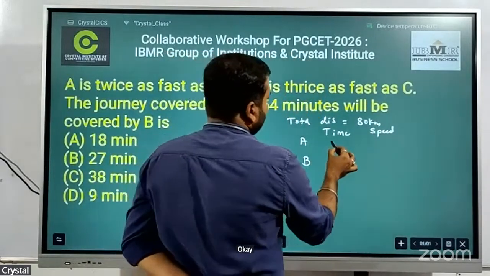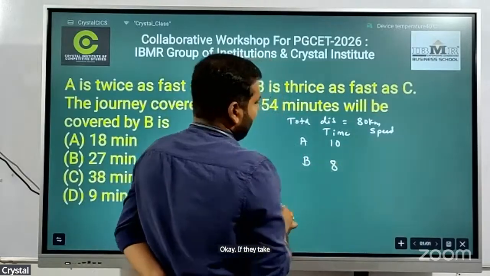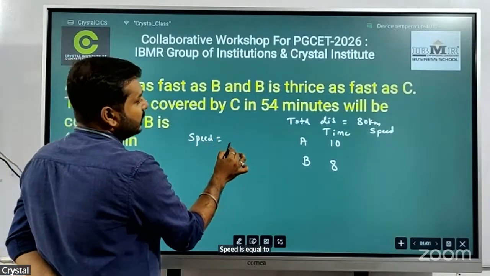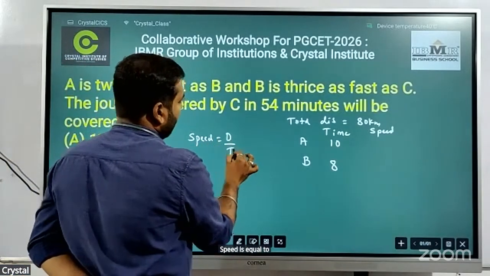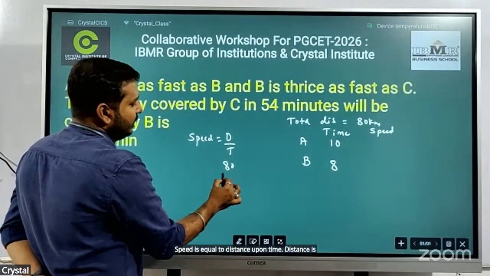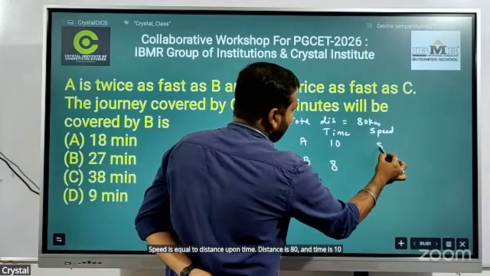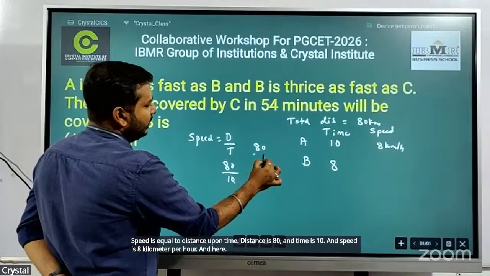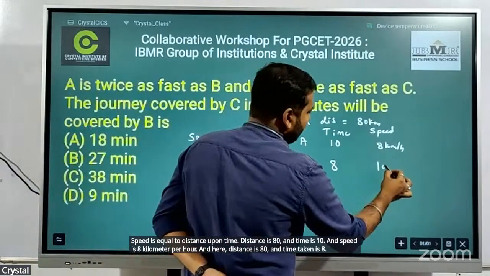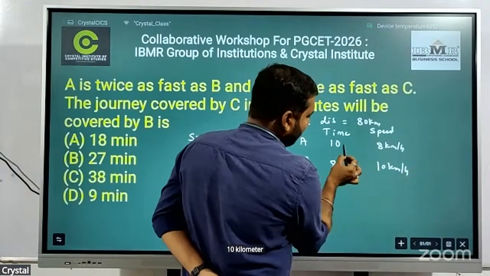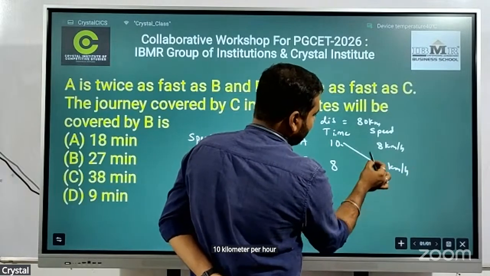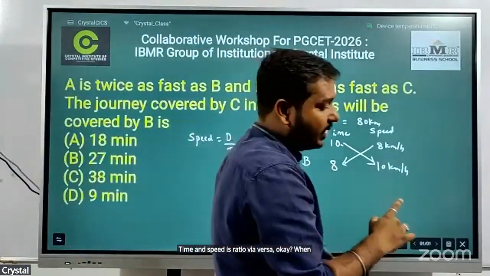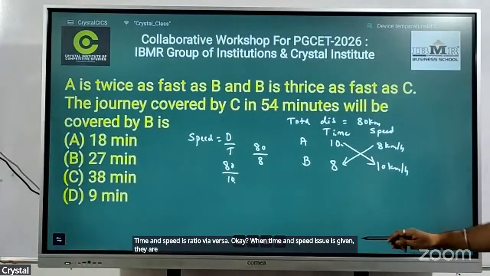Okay, if they take 10 and 8 time, speed is equal to distance upon time. Distance is 80 and time is 10, so speed is 8 kilometer per hour, and here distance is 80 and time taken is 8, so 10 kilometer per hour. Time and speed are in inverse ratio. When the time and speed ratio is given, they are vice versa.